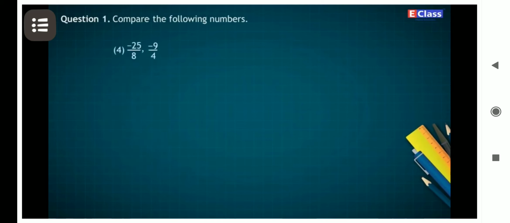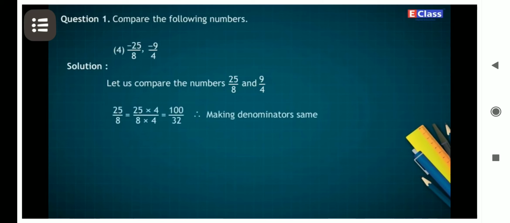4. Compare -25 upon 8 and -9 upon 4. Solution. Let us first compare 25 by 8 and 9 by 4. Multiply numerator and denominator by 4. Therefore, 25 by 8 is equal to 25 multiplied by 4 wholly divided by 8 multiplied by 4, which is equal to 100 by 32.